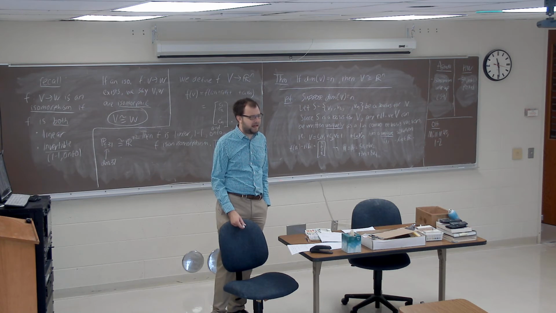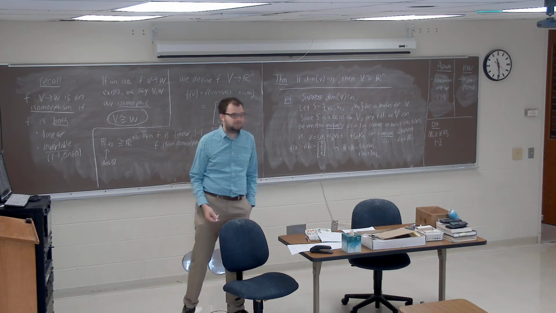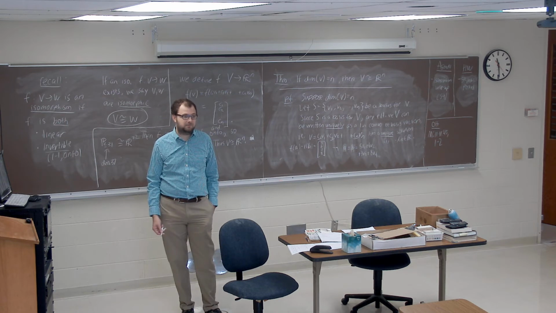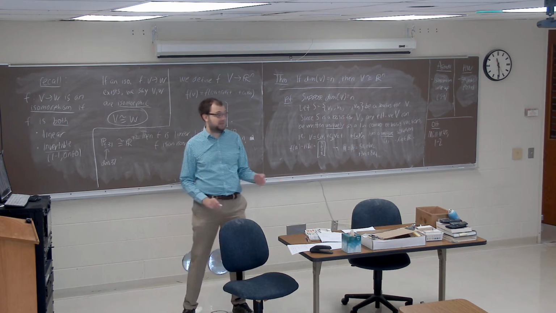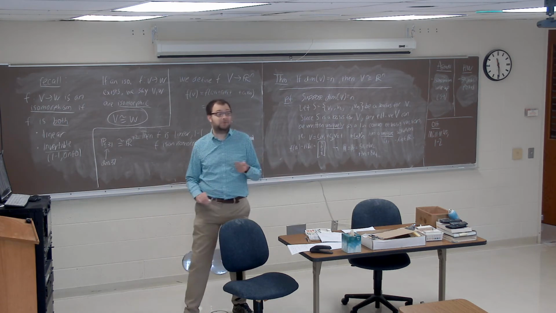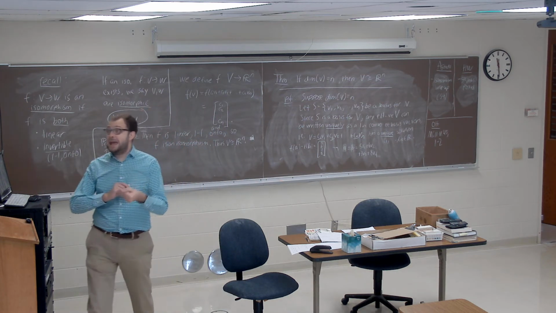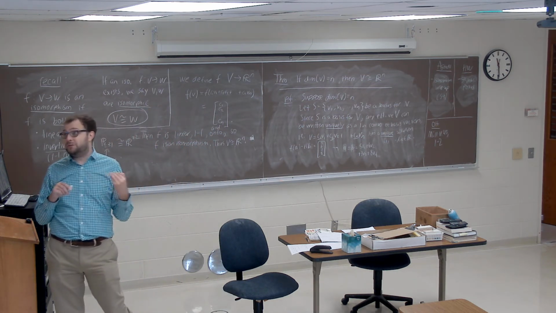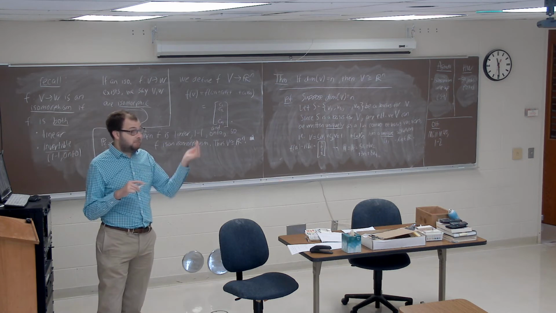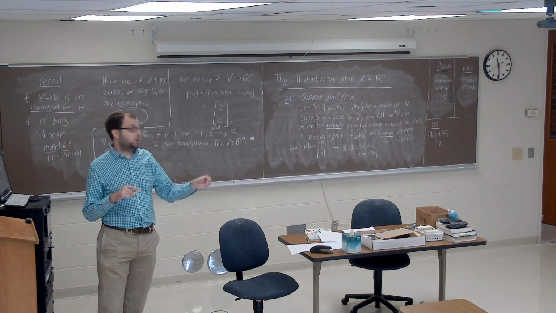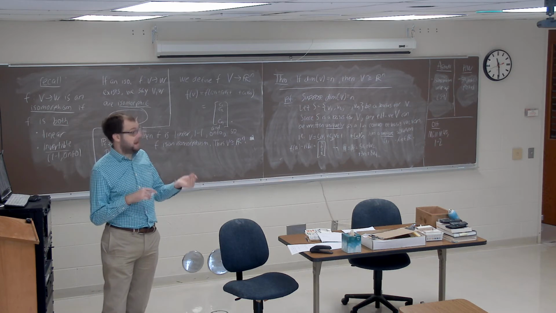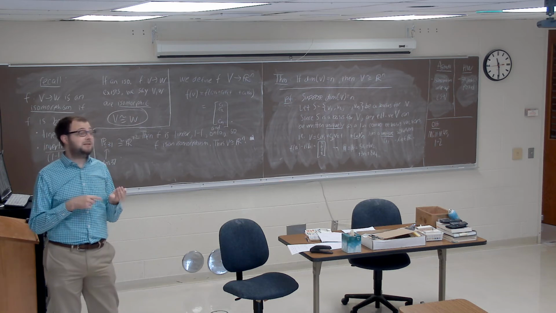No two elements in the domain map to one element in the codomain. Yeah, no two inputs map to the same output, in other words. If I have a v1 and a v2 in big V, if f of v1 equals f of v2, then v1 has to be equal to v2. If we can show that that's true, then that would prove f is one-to-one.